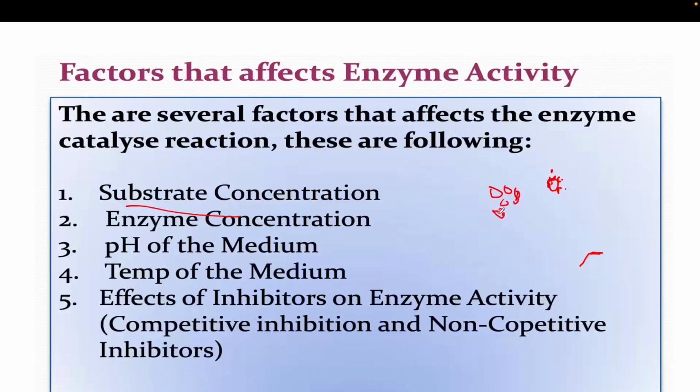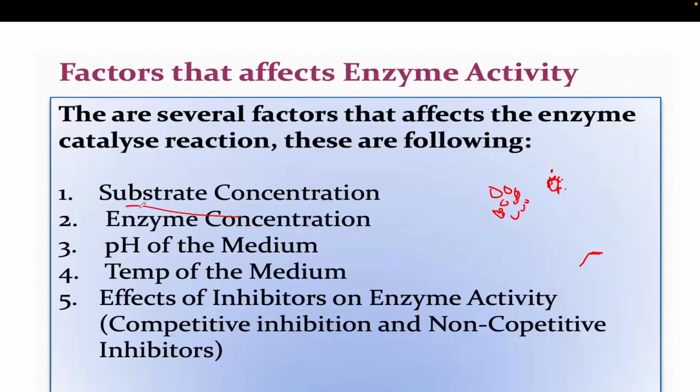So it will slowly carry out the enzymatic activity. But when you give lots of enzyme here, what will happen? The activity will be fast, right? Because now enough enzyme is present to accommodate all this substrate. So the activity will be increased.